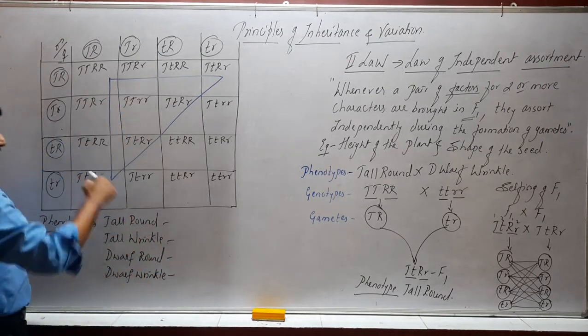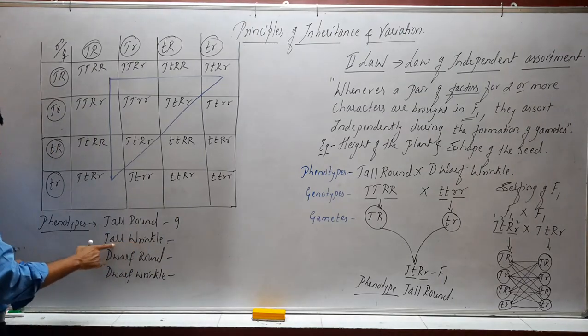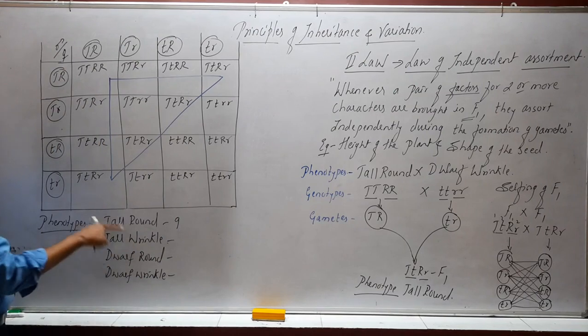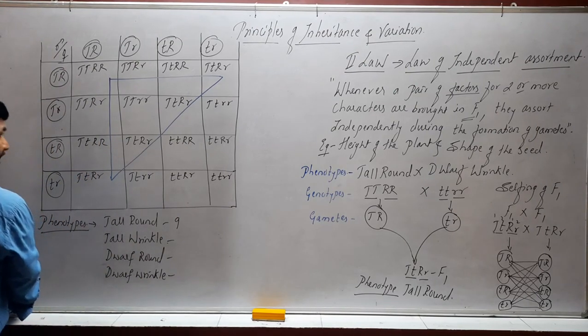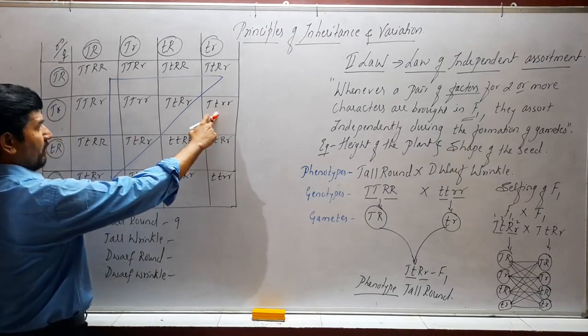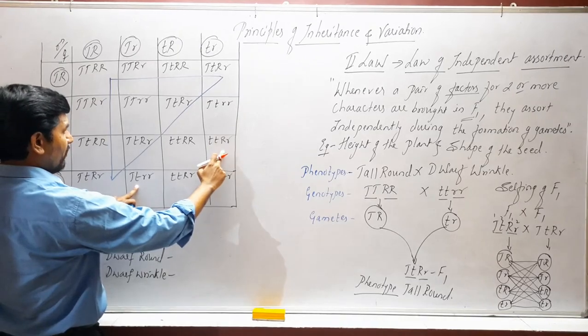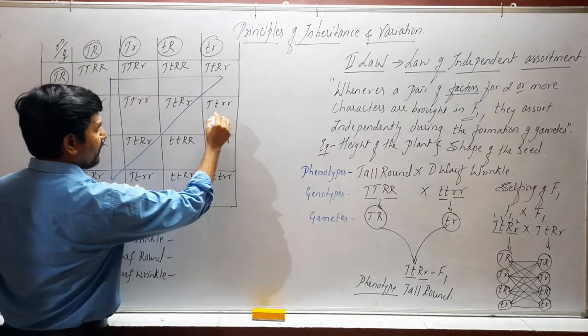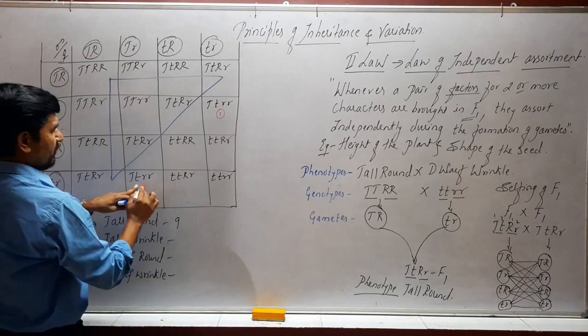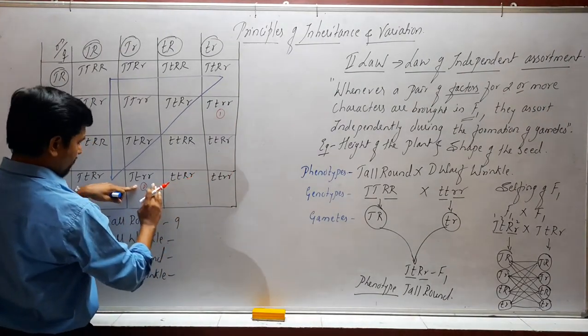So tall round, how many are there? These are 9. Then tall wrinkle. So tall means minimum one should be a capital letter here, wrinkle both should be small. Then just check it, identify it, how many are there? This is one, this is second, and this is a third one. You can just make it out. This is 1, this is 2, and this is a tall wrinkle.